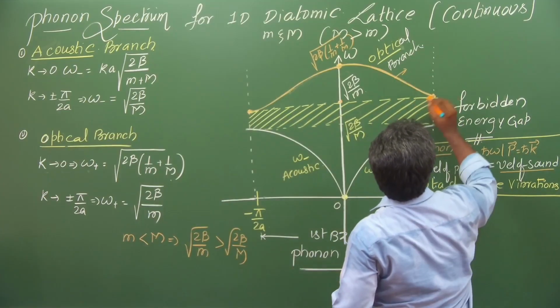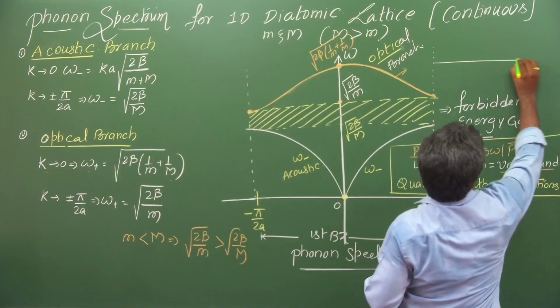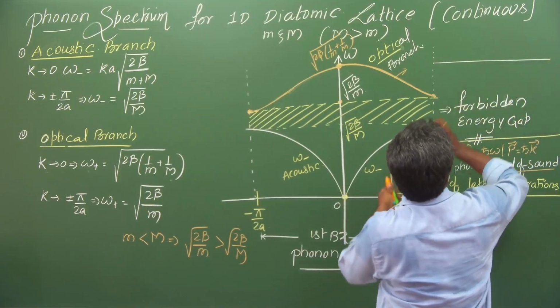Optical branch, how it oscillates. I am just giving the diagram. If you want the derivation, please see the textbook.